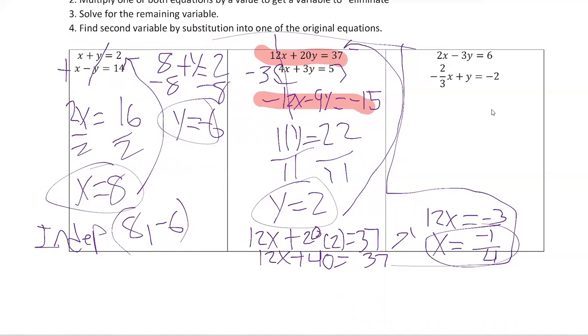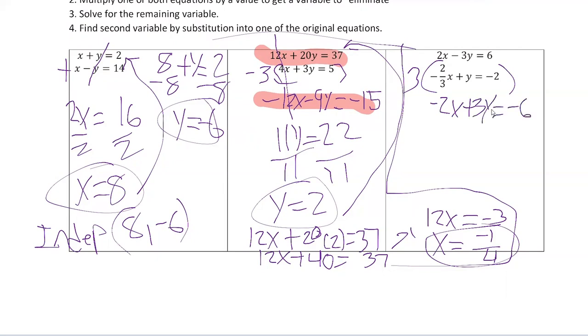Even if it's not going to help me get my elimination started, I would try and just multiply it by 3 to start, because that gets rid of my fraction.